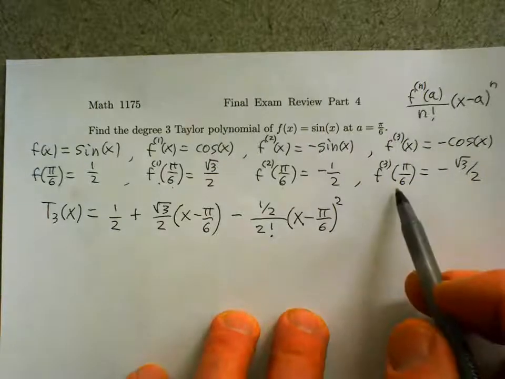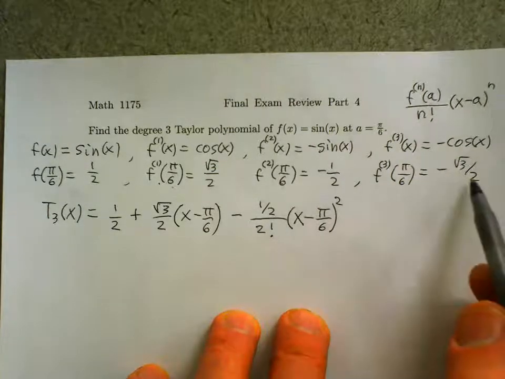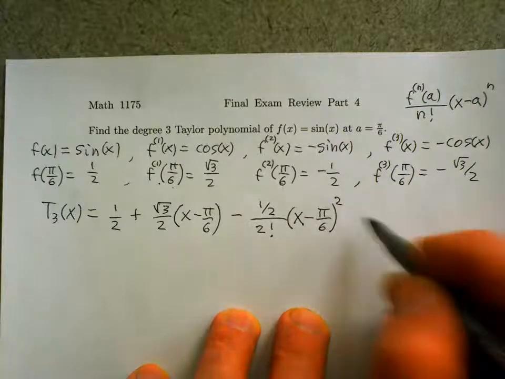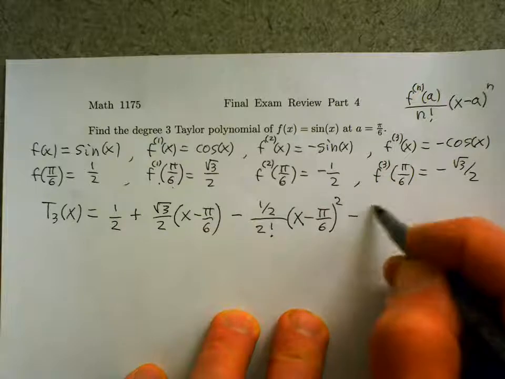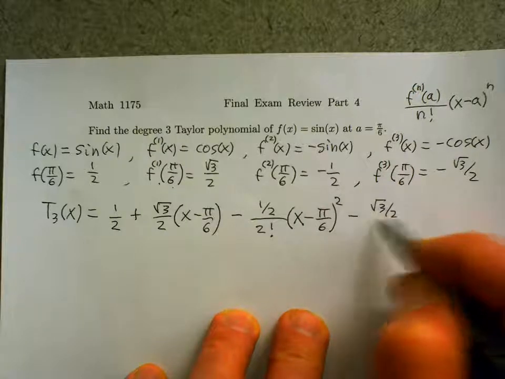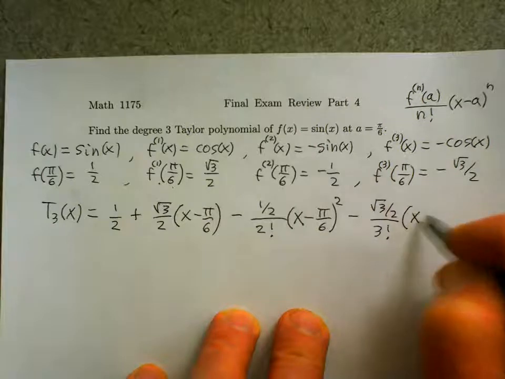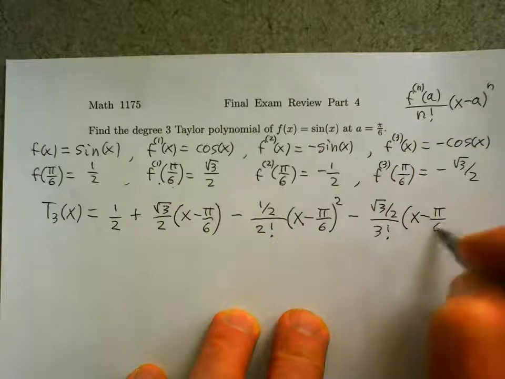And then the last term in the Taylor polynomial, so we have minus the square root of 3 over 2 divided by 3 factorial times x minus pi over 6 to the third.